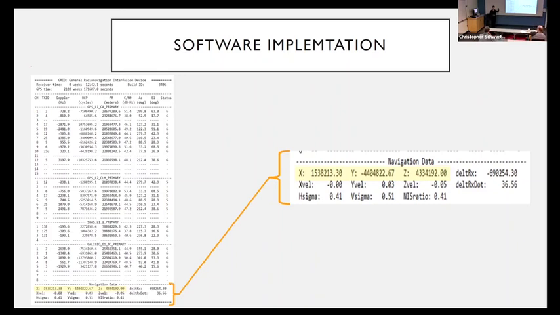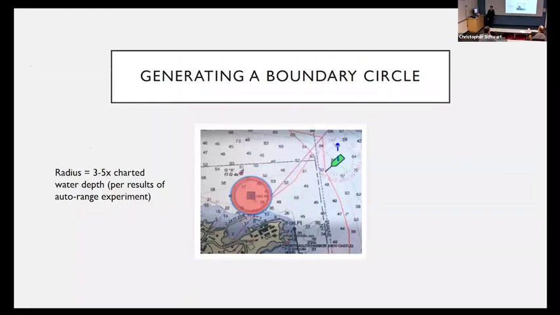position to a list of waypoints for areas of hydrographic interest. And so now we can detect when we are within range of one of these waypoints by generating an imaginary boundary circle.